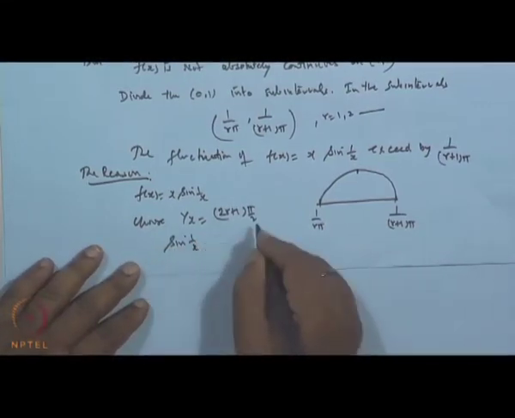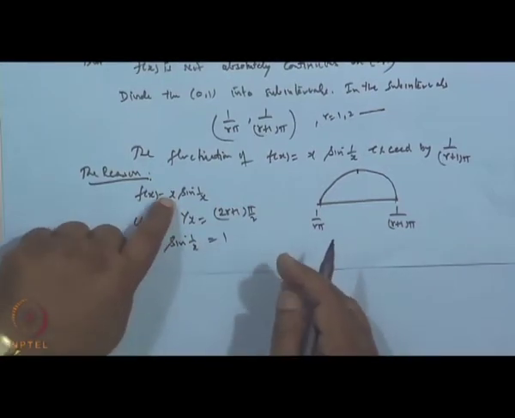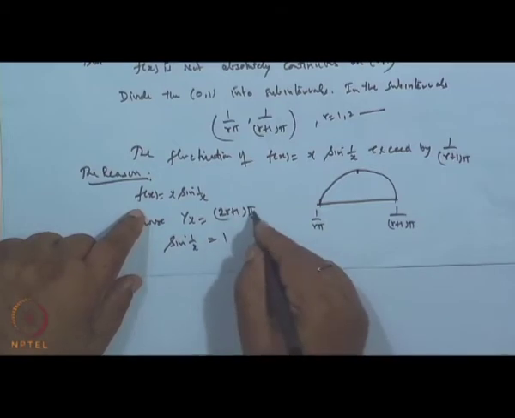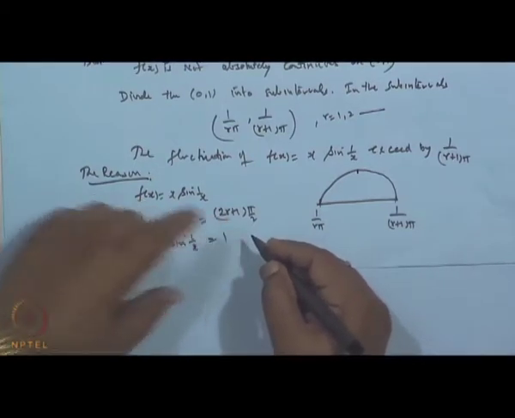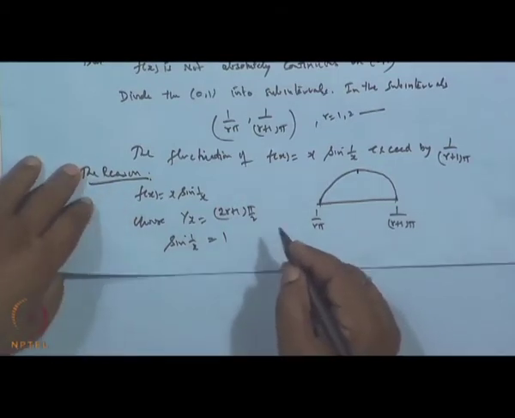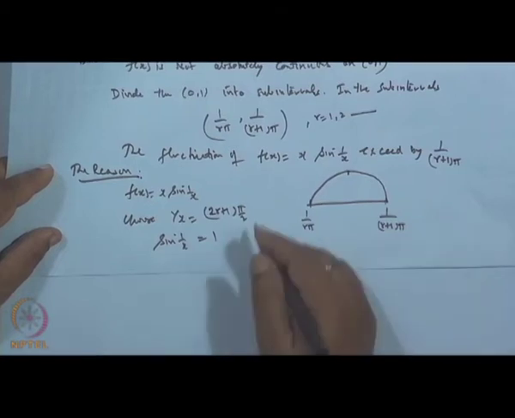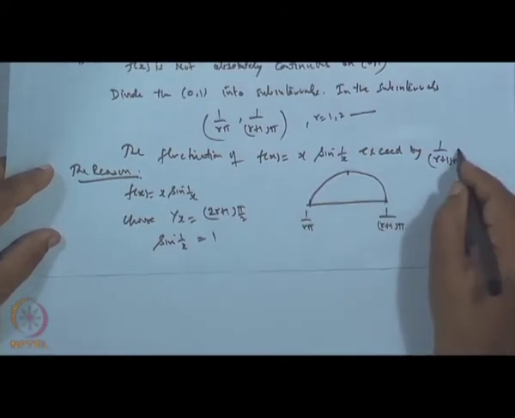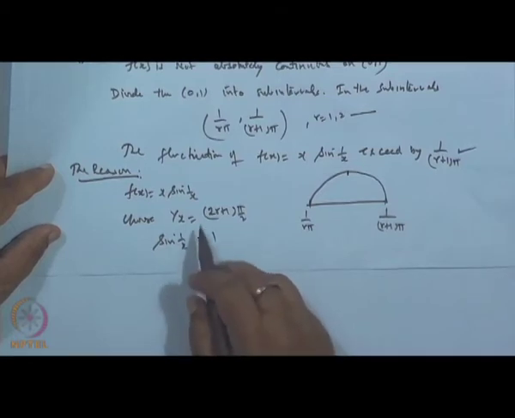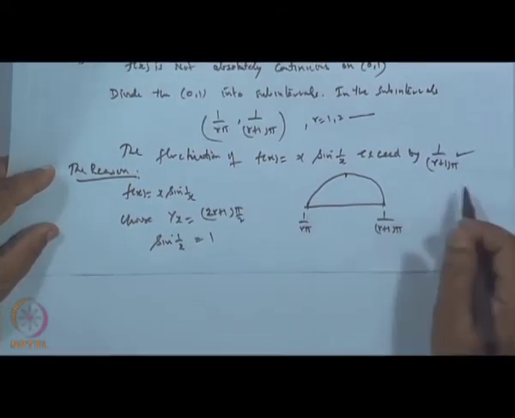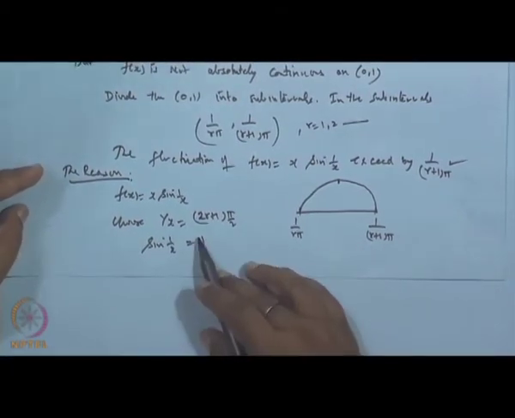Sin of 1 by x is 1, because it is an odd multiple of pi by 2, and this gives f of x equal to 1 upon 2r plus 1 pi by 2. So, this will be greater than the value at this point, r plus 1. So, the fluctuation exceeds this number, which is greater than this. Clear. So, we get from here that the fluctuation is exceeding this.